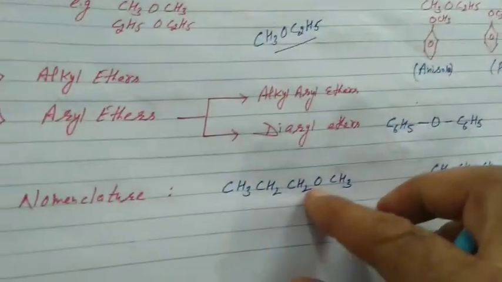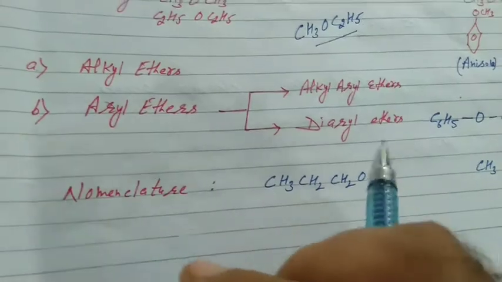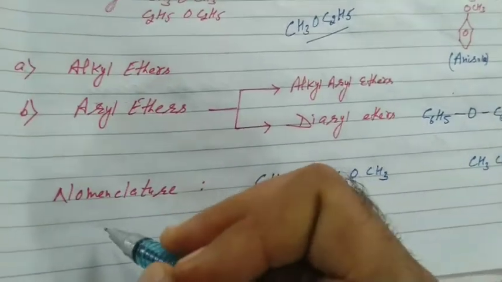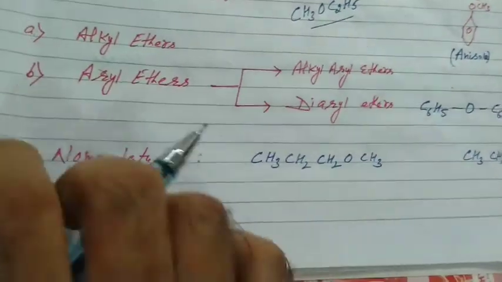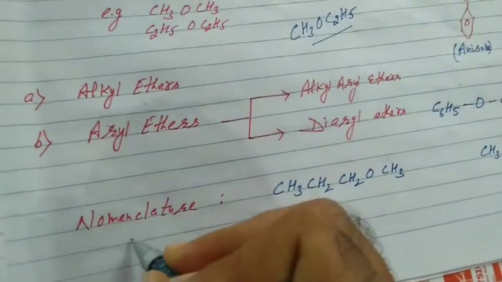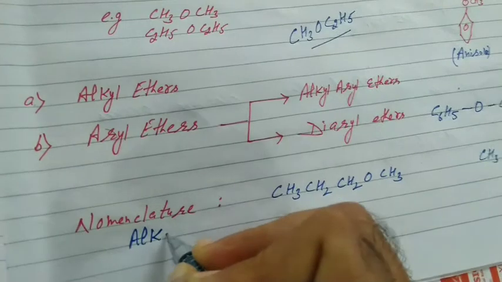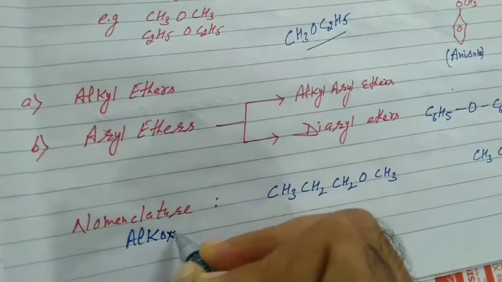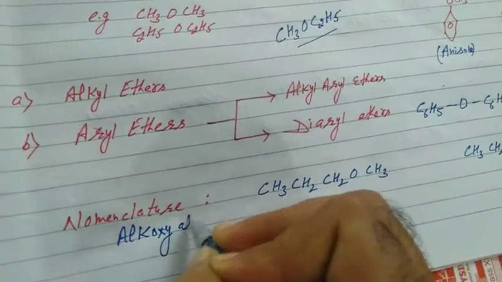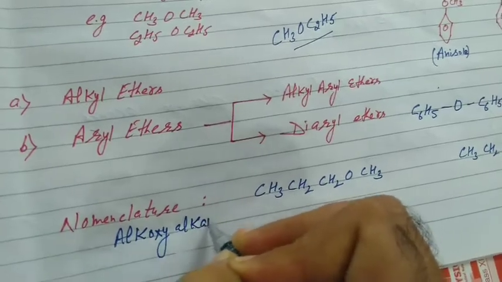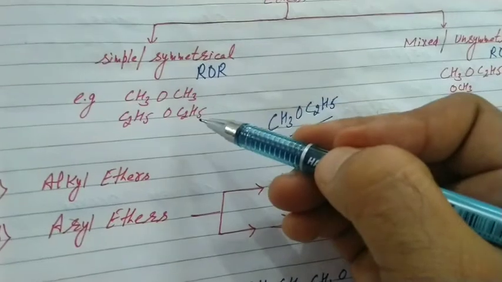Next, nomenclature. Students, according to the IUPAC system, we use the term alkoxyalkane for the nomenclature of ethers. Whenever we have to name ethers, we should know the term alkoxyalkane. Now we have to give the IUPAC name. These are simple ethers.